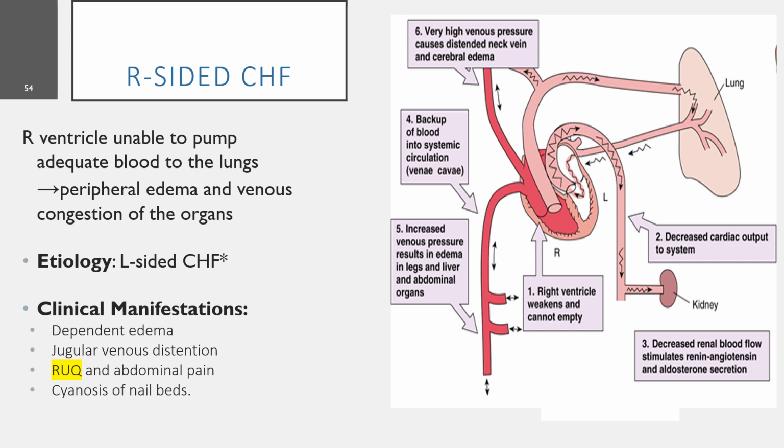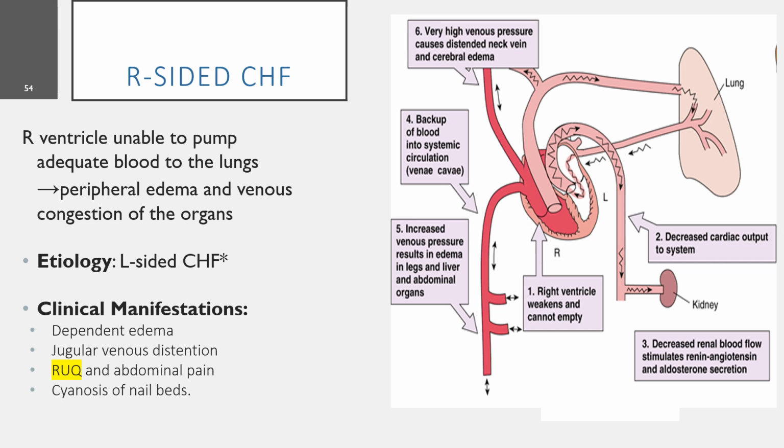Right upper quadrant and abdominal pain due to hepatic congestion or fluid buildup in the liver can cause discomfort or pain in the right upper abdomen. This is often accompanied by hepatomegaly, which is enlarged liver, a sign of systemic fluid overload.